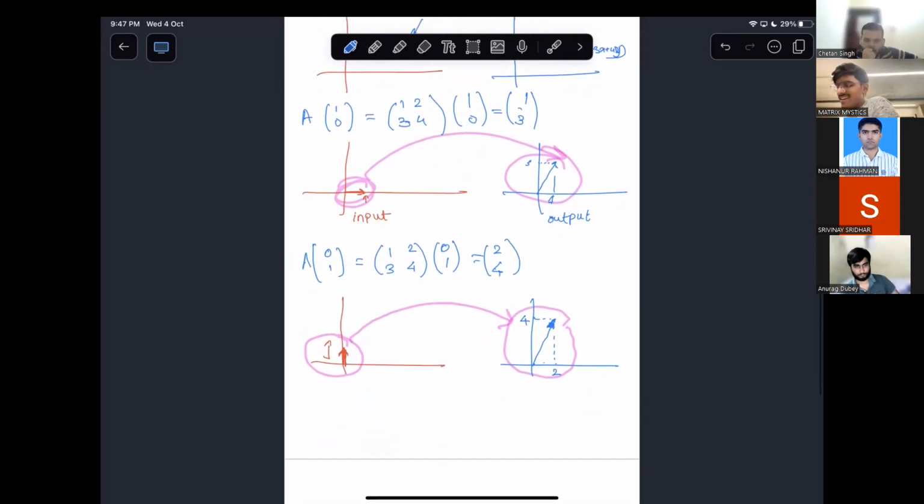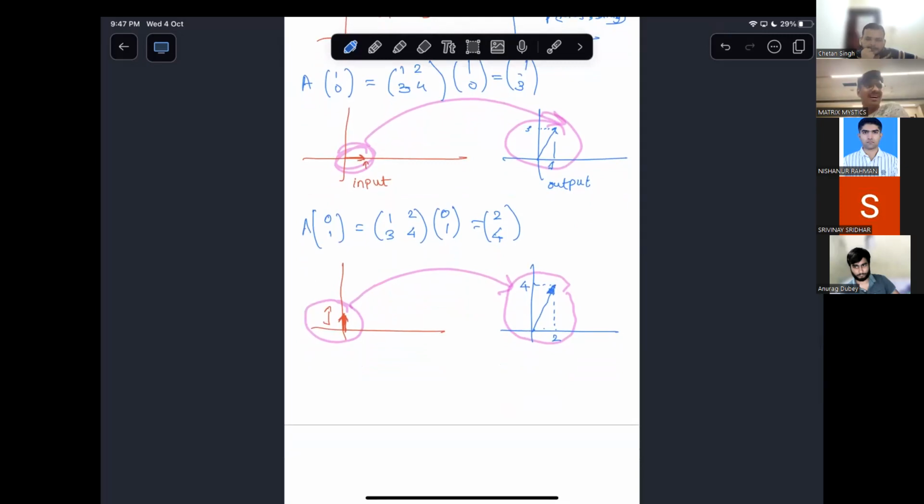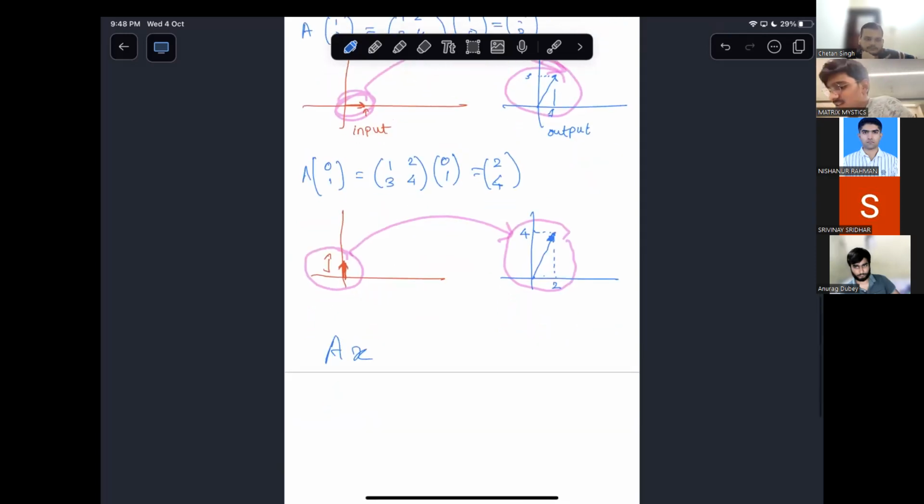So in the last lecture, one of my friends described what a column picture is. This is exactly that. This is another representation of the multiplication A times x, where A has n columns and x has n coordinates.